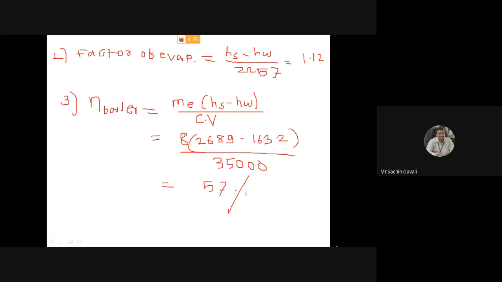Shall we go for next numerical? Everybody understood first numerical? I have taken a lot of time for this because this is a basic numerical. All numericals are based on this.